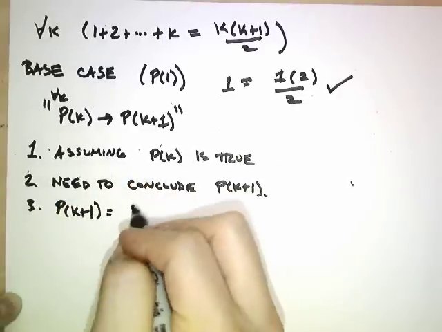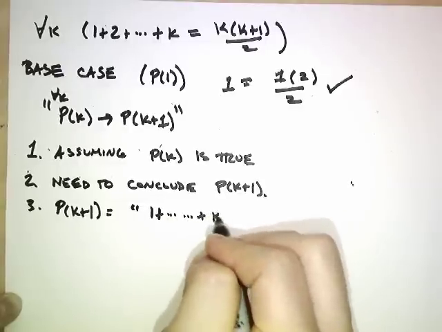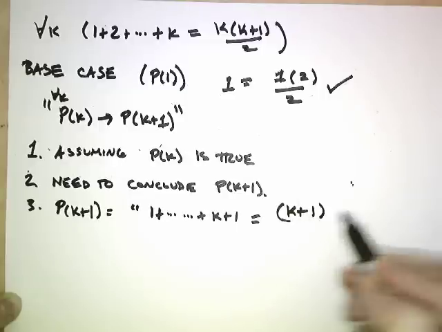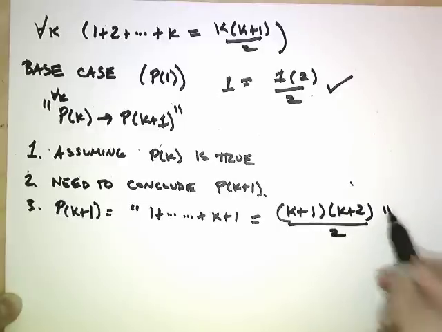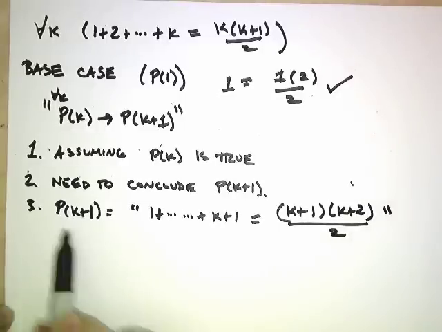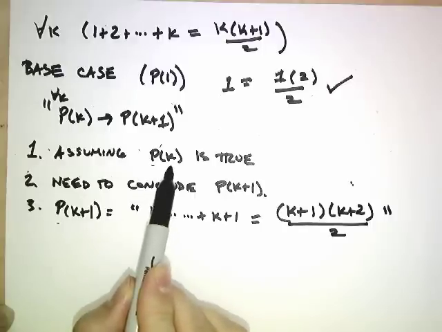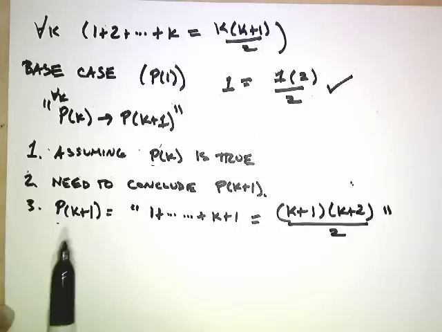Well, it's the statement that 1 plus 2 plus dot dot dot plus k plus 1 equals k plus 1 times k plus 2 over 2. This is the statement that we need to prove. And we get to assume that P of k is true. Think of P of k being true as a fact that was given to you, and we now need to prove that P of k plus 1 is true.